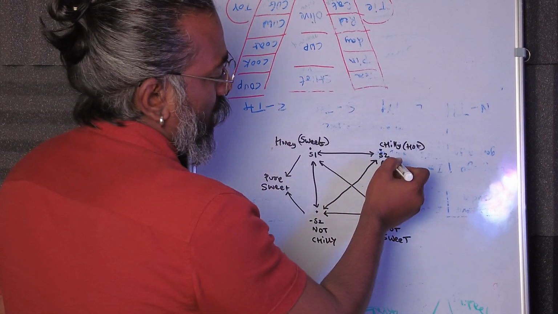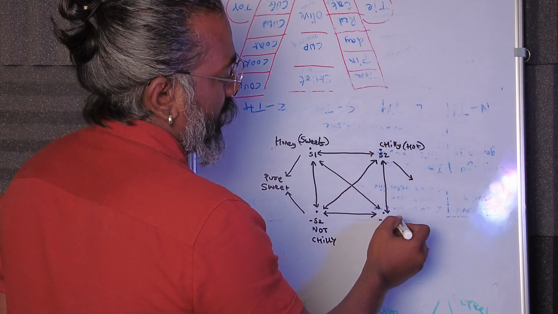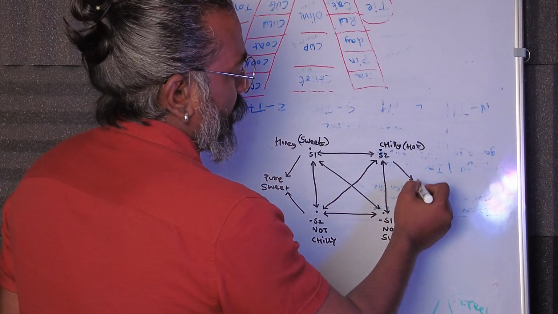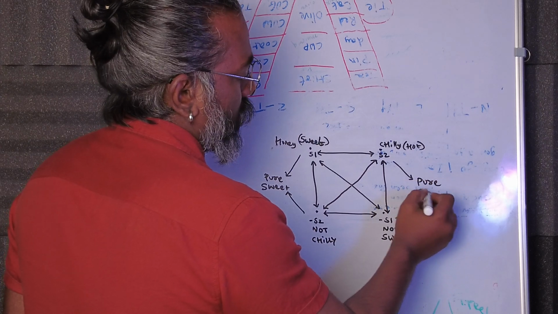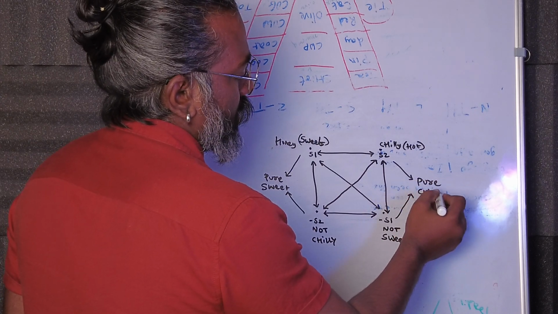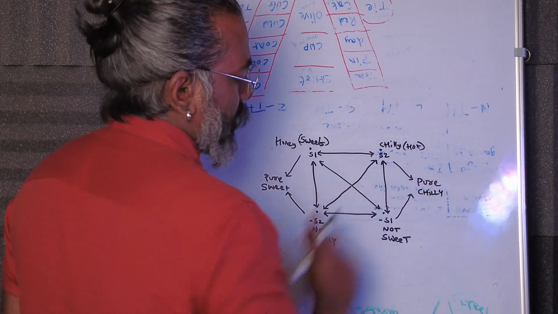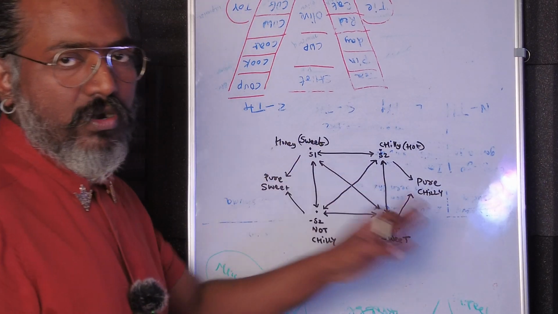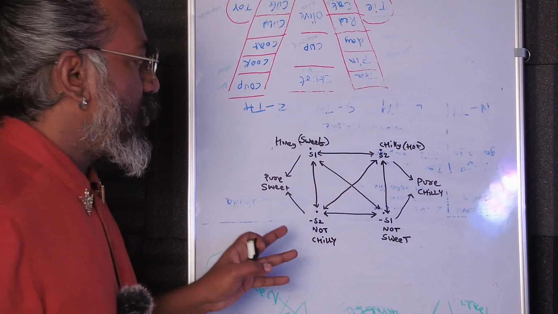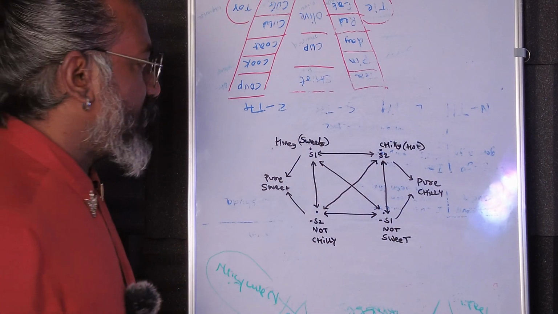If I say hot or chili and not sweet, means pure hot or chili. Now it's clear. These two are black and white. They are like the pure form of it.